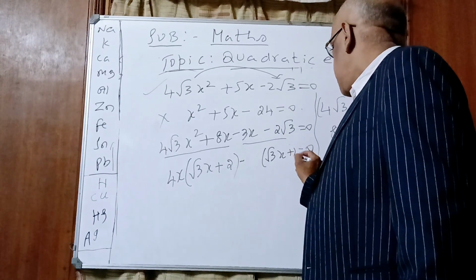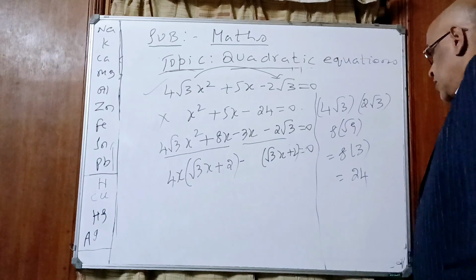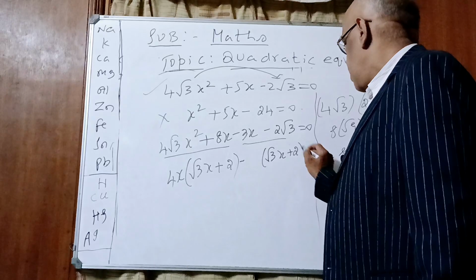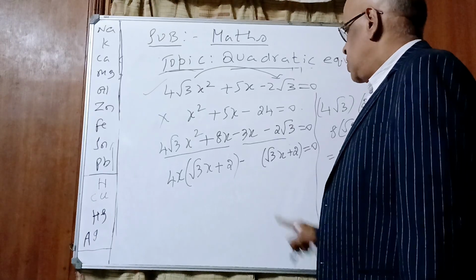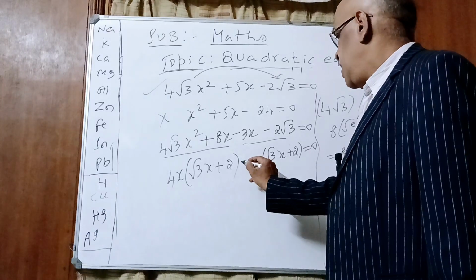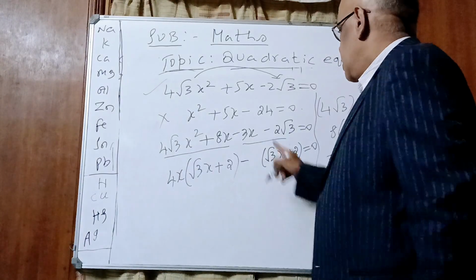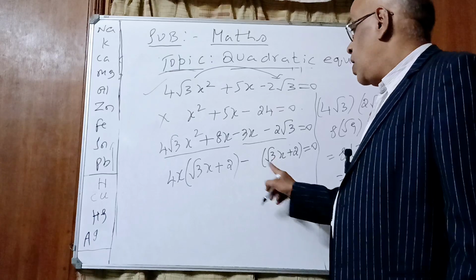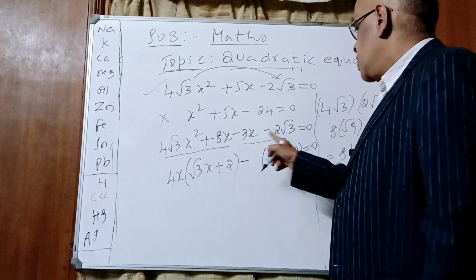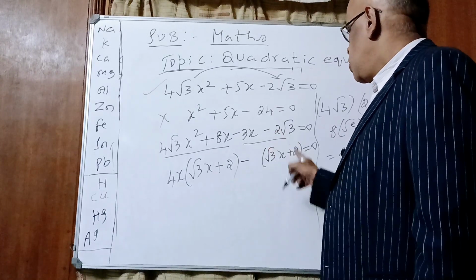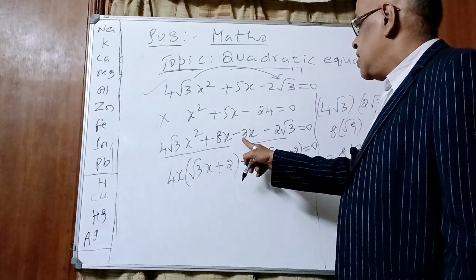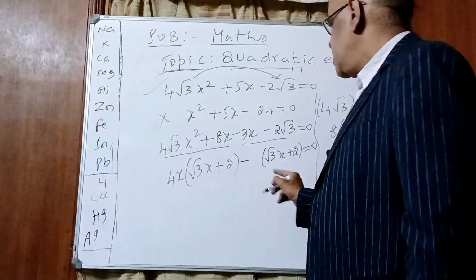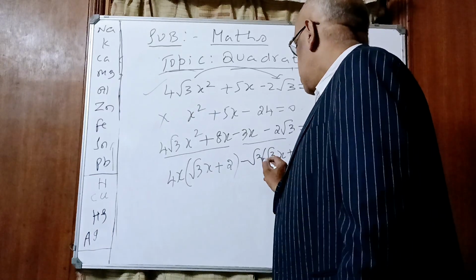Root 3x plus 2 is equal to 0. Sign changes. Outside minus. I have taken root 3x plus 2. Sign changes. So here 2 remains. Here root 3 gone, which means my outside should be root 3.